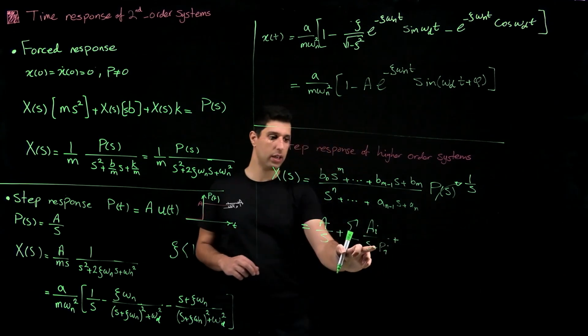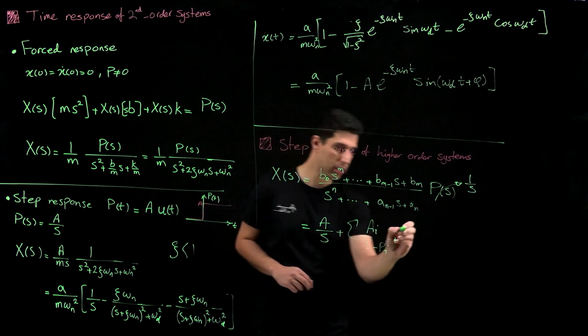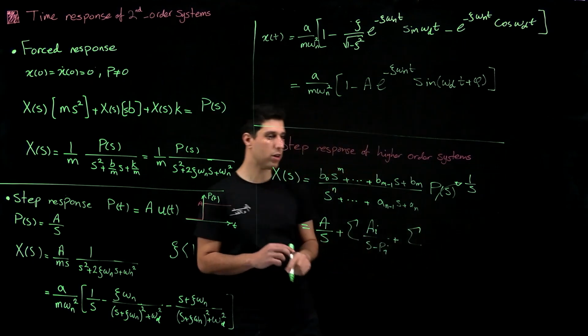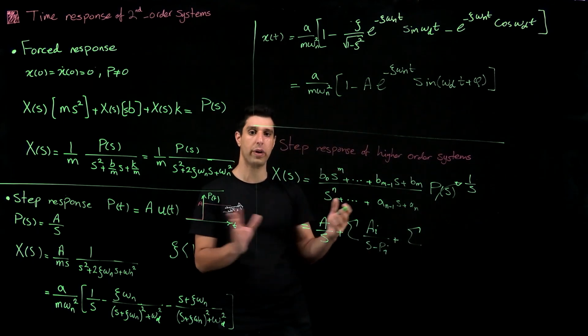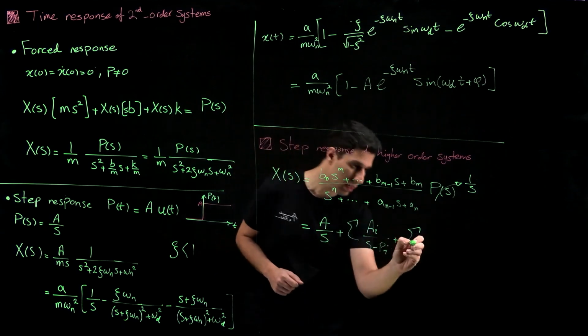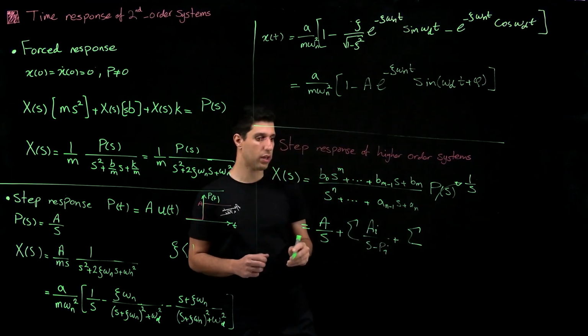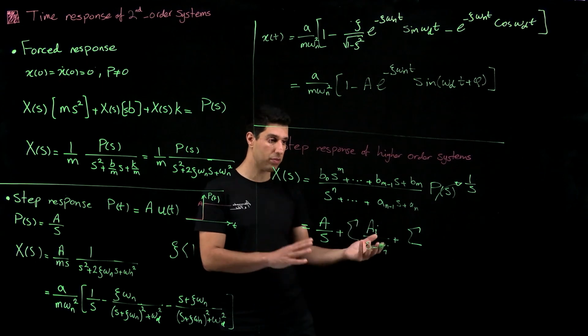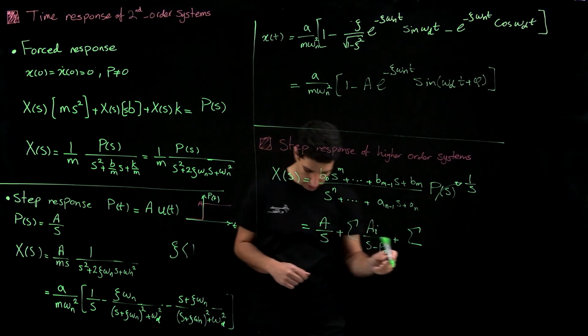These are the real poles, and if we have complex conjugate poles, remember we didn't like to break them apart because it was easier to work with the complex conjugate forms to give us those sine and cosine functions.